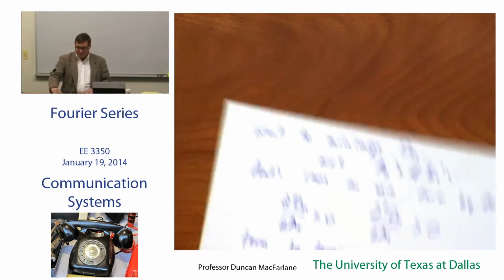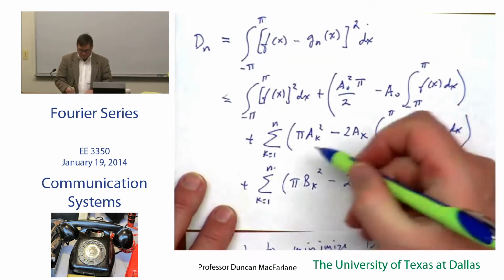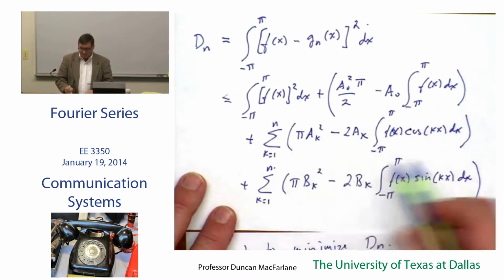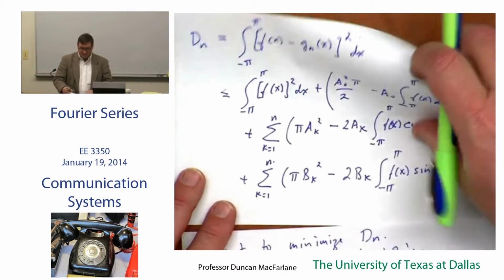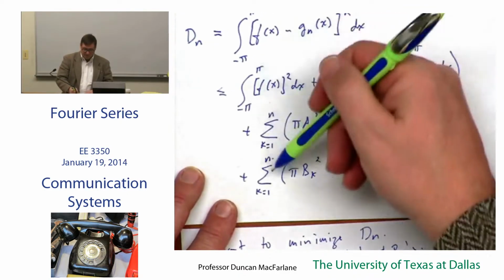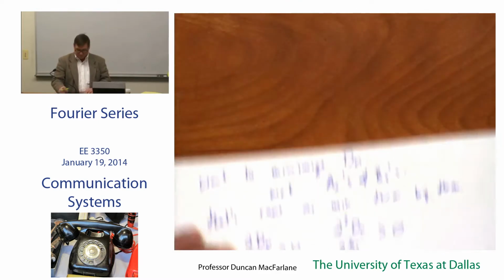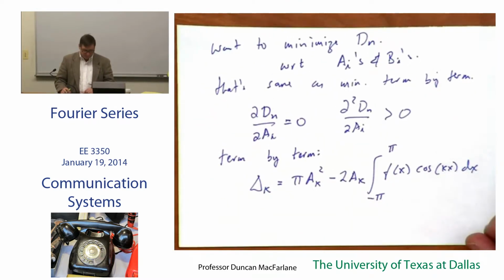That's a typical term. So I'm going to call that guy delta sub k. All those delta sub k's add up to give me the d sub n's. So there's my delta sub k.